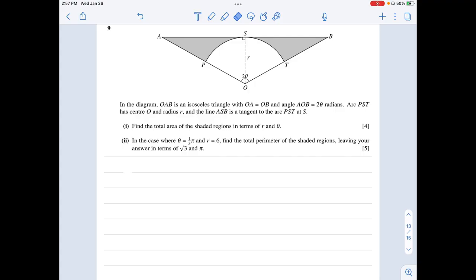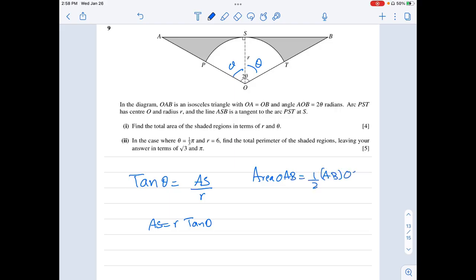So I'm going to use tan theta. Because this angle will be theta and theta, so total is 2 theta. So I use tan theta in any one of the triangles, which is opposite side is AS, adjacent side is R. So AS is equal to R tan theta. I take the area of the triangle OAB, which is half times base AB and height OS.